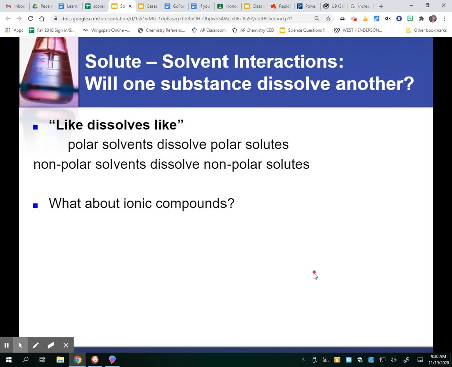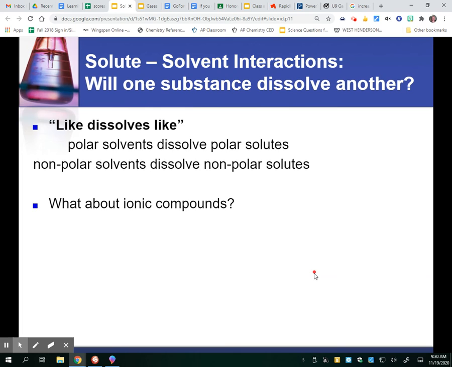Well, what about ionic? Now, generally, we don't have ionic solvents. So if we think about water, water can dissolve ionic compounds because the one thing that they have in common are charges. So it's really more like charged dissolves charged.